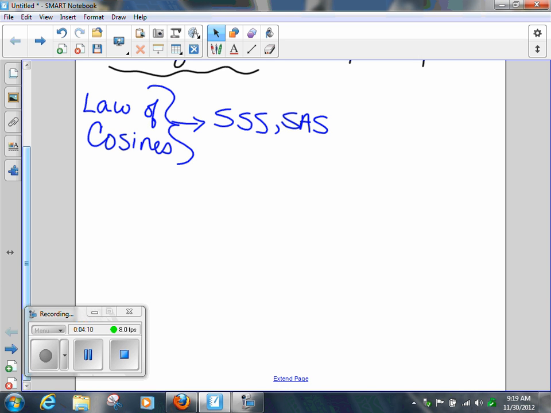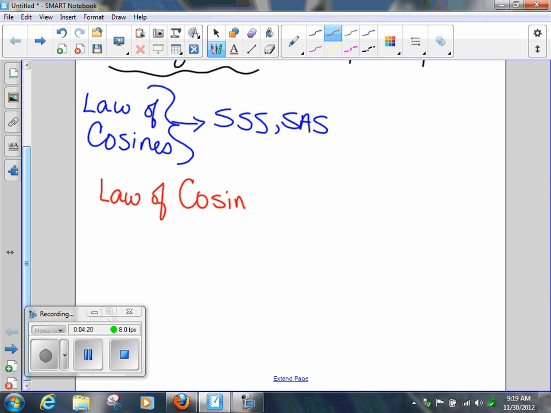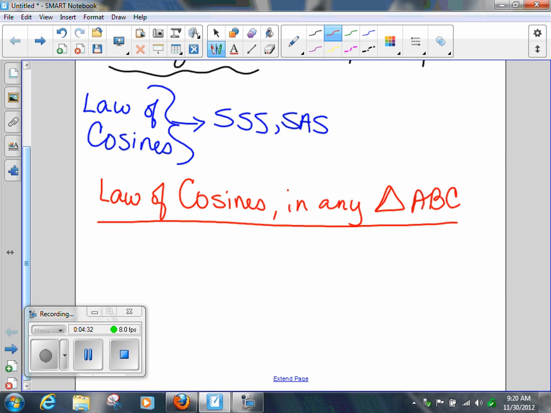Now, what is the law of sines? Here we go. Cosine. Yep, law of cosines. In any triangle ABC, this goes on the card and in your notes.